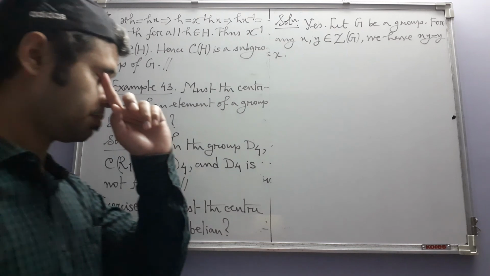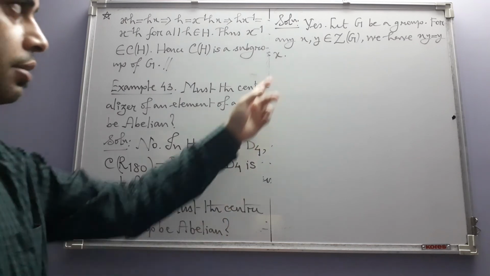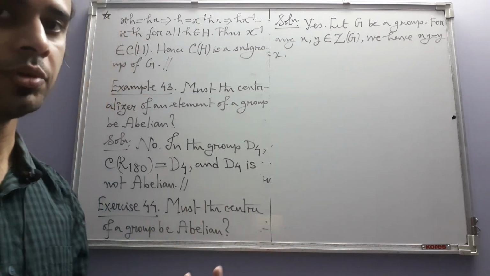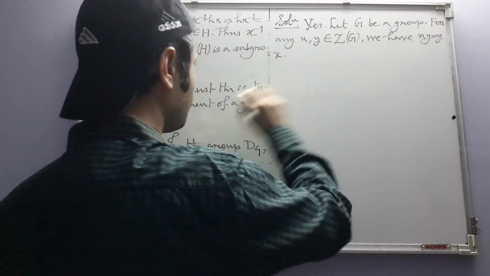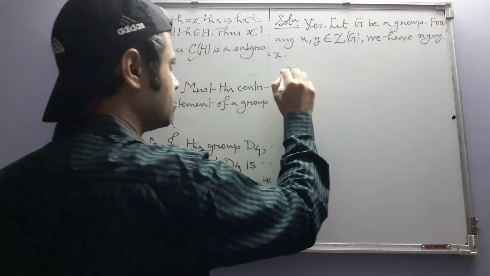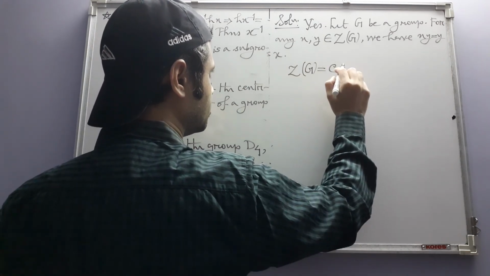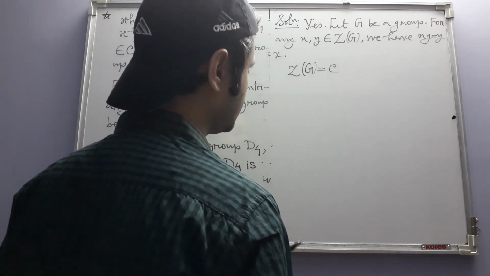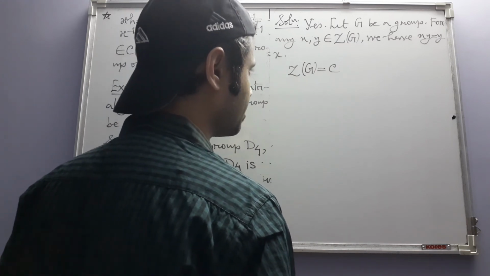It's because you recall that an element is in the center, or an element is a central element, if and only if it commutes with all the elements of G. In that sense, if you combine the definition of the center and this centralizer of a subgroup, the center of a group is actually, what I'm trying to say, the center of a group is it the centralizer of something?